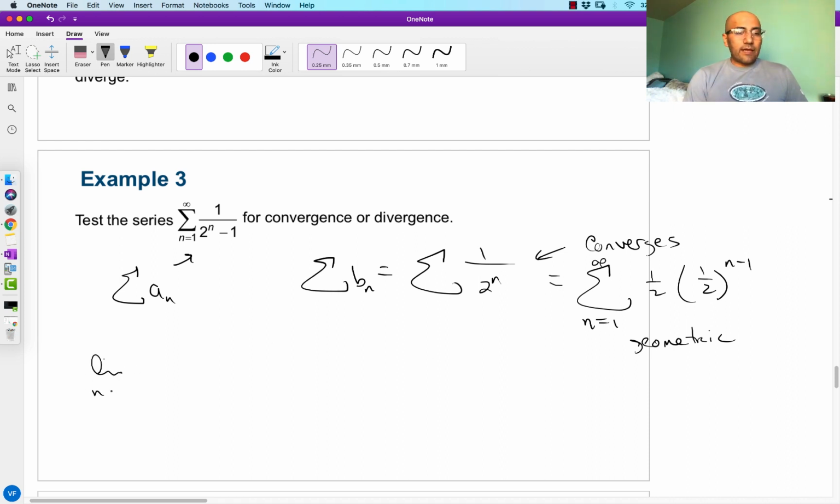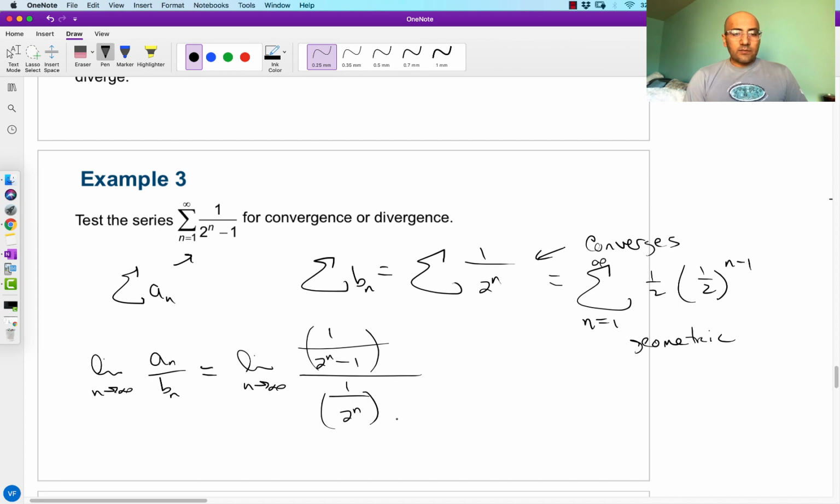We want to find the limit as n goes to infinity of a sub n over b sub n, which will be the same thing as the limit as n goes to infinity of 1 over 2 to the n minus 1, divided by 1 over 2 to the nth power. That's pretty ugly. We want to simplify that as much as we can.